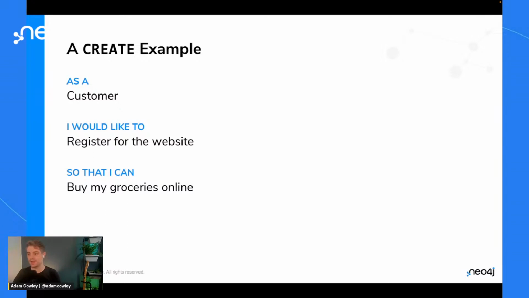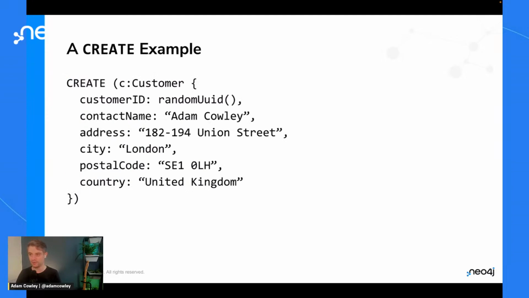So let's take a really basic example of creating a customer. We have this user story: as a customer, I would like to register for the website so I can buy my groceries online. So it's a really, really simple pattern here. We use the create keyword to signify that we want to create a pattern in the graph. In this case, the pattern is a single node pattern.